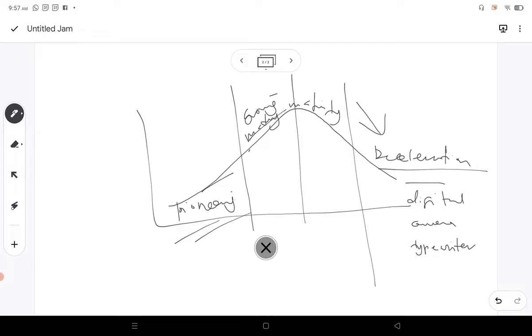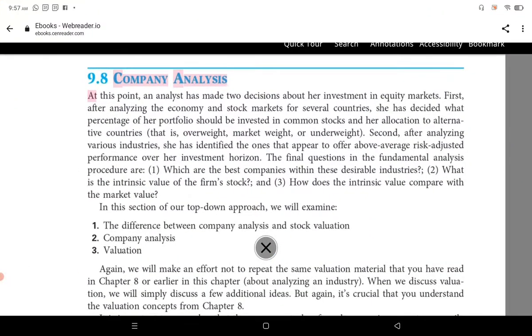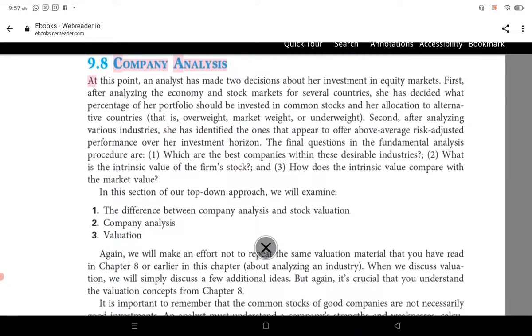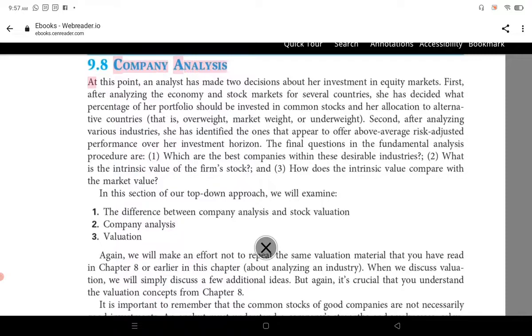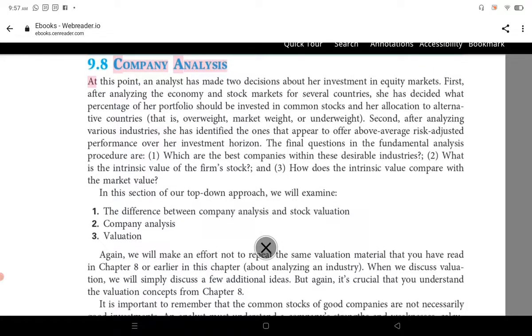The one that we are going to discuss today is company analysis. Once you have checked the economic and industry analysis, we must also do a thorough analysis of the company, especially whenever you really want to invest in the equity market. Let's say one analyst has made a decision regarding her investment in an equity market, after analyzing the economy and stock market for several countries.